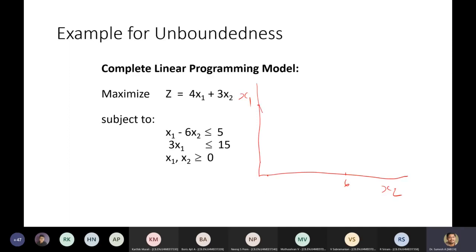This is the shape of your constraint, and since it is less than, this will be your solution space.